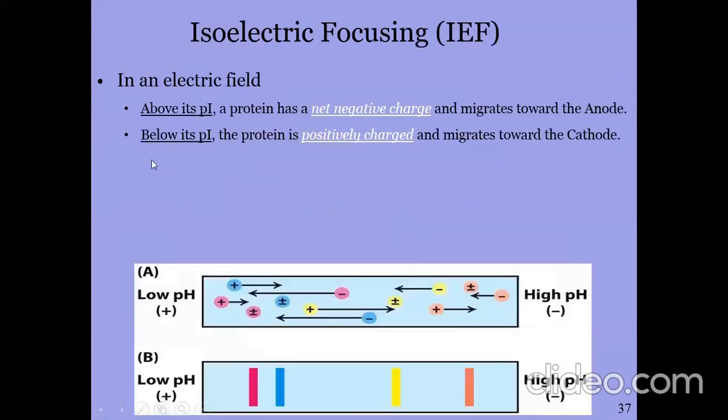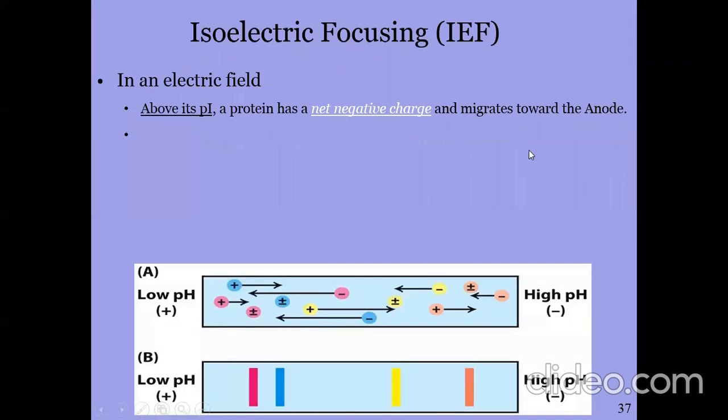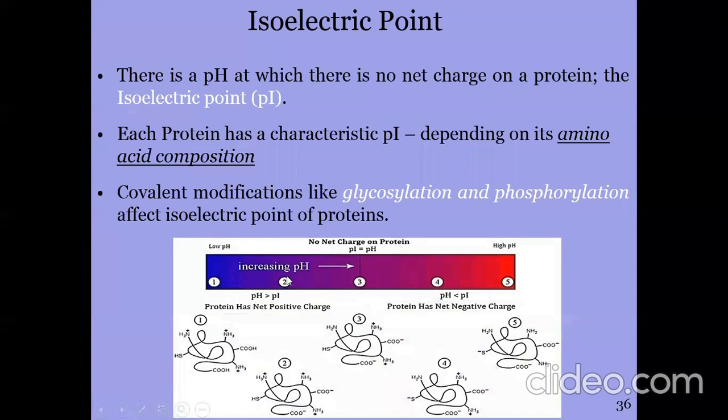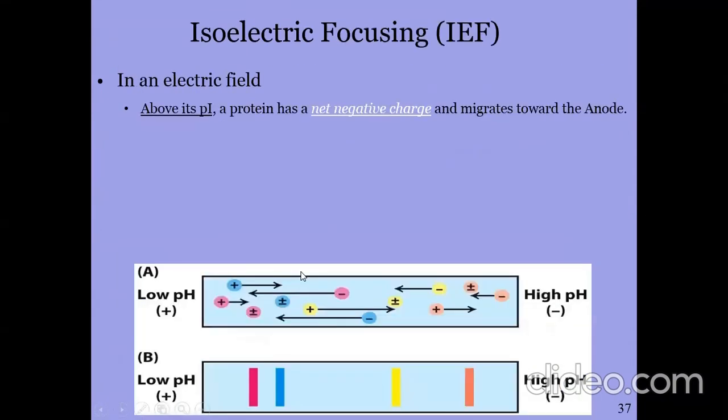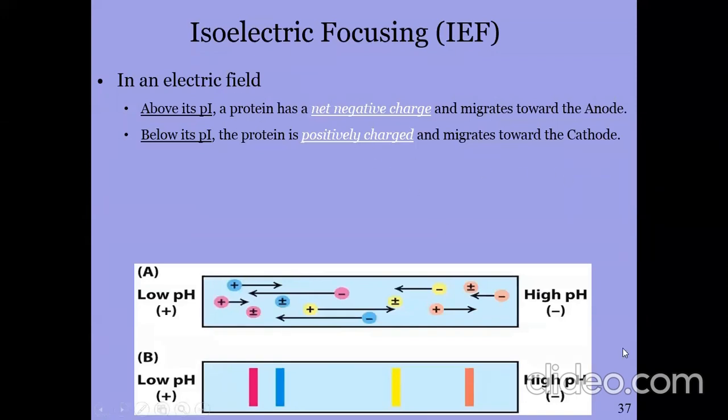Below the pI, below the isoelectric point, the protein is positively charged, and they will migrate towards the cathode. So this is below the pI, and it will move towards the cathode because it will have a positive charge. Let me check the chat.